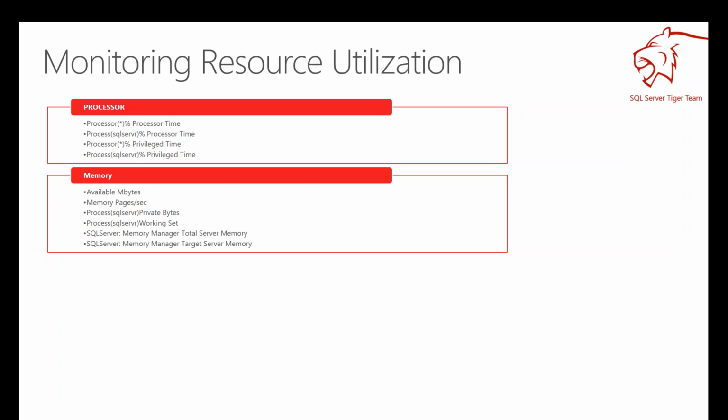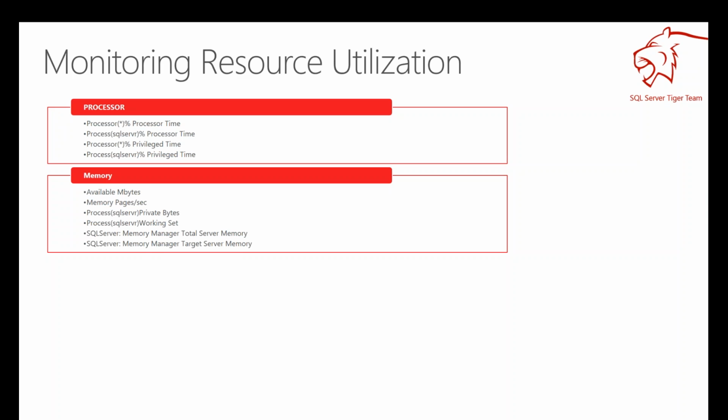So, in an easier way, total would follow target. If target is higher than total, then total can continue to increase, that is, the SQL Server buffer pool memory can grow. If total is equal to target, then your SQL Server memory has pretty much hit the max server memory limit and it cannot grow further.